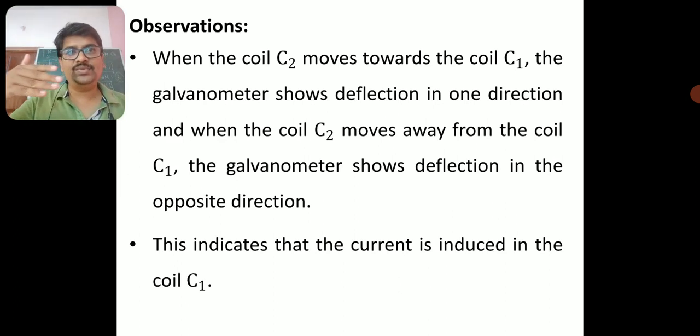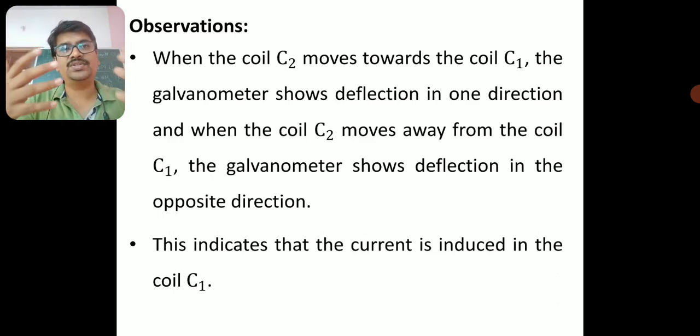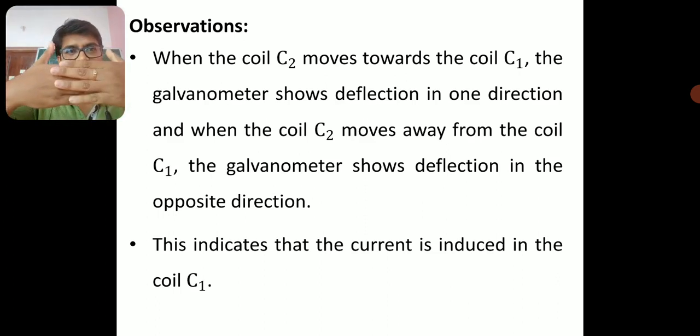When coil C2 moves towards coil C1, the galvanometer shows deflection in one direction. When coil C2 moves away from coil C1, the galvanometer shows deflection in the opposite direction.